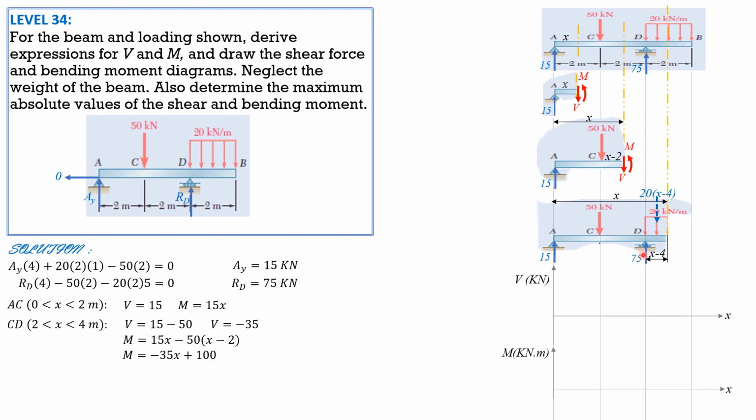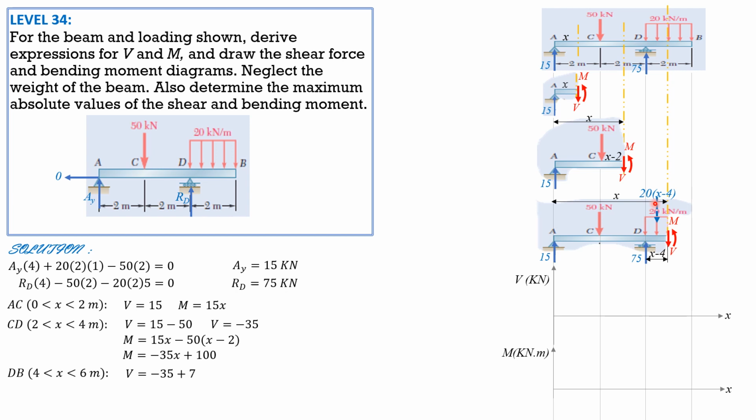Intensity 20 times length X minus 4. Its distance from the right is X minus 4 over 2. From the left, that D, X minus 4 over 2 also. Positive shear is downward, moment is counterclockwise. So shear is previous negative 35, then plus 75 minus 20 times X minus 4.